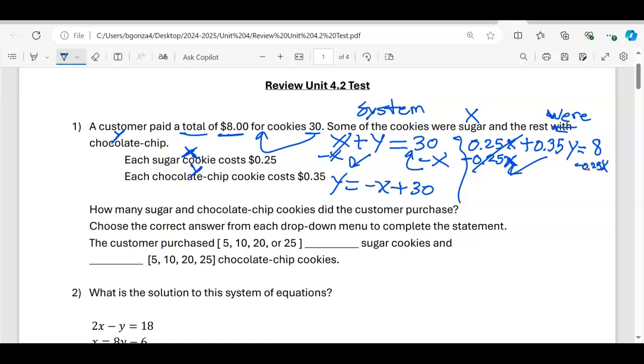We're going to bring down 0.35y equals, and the negative 0.25 is going to go in front of the 8, so negative 0.25 x. And then the plus 8 goes second.